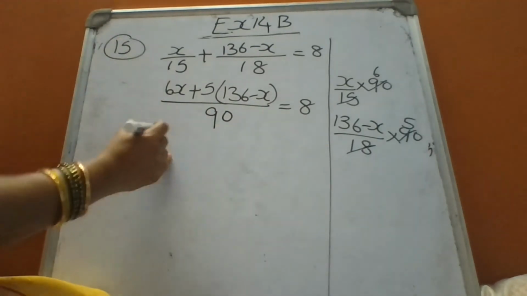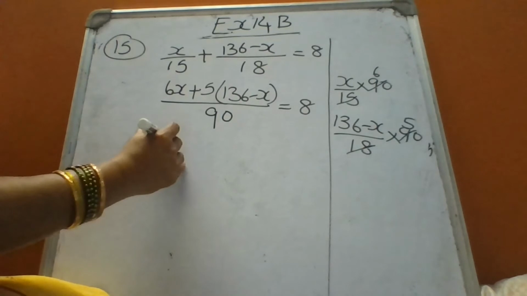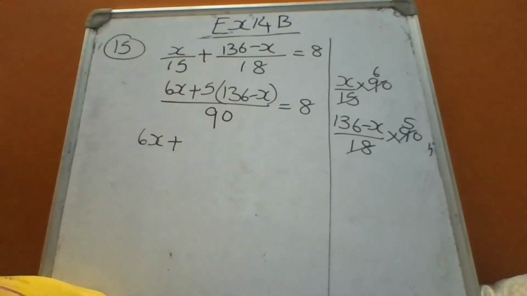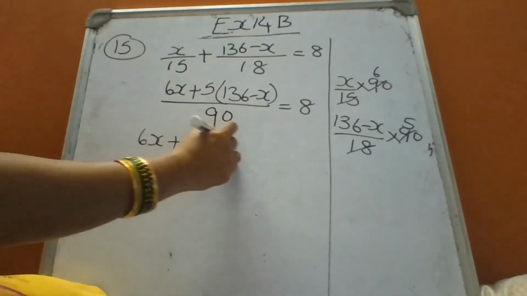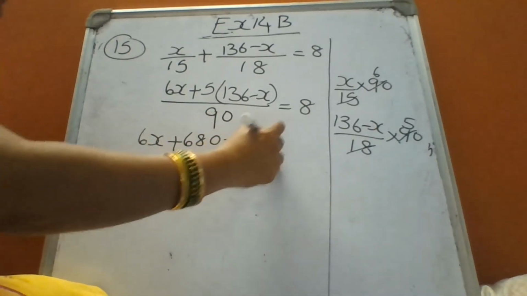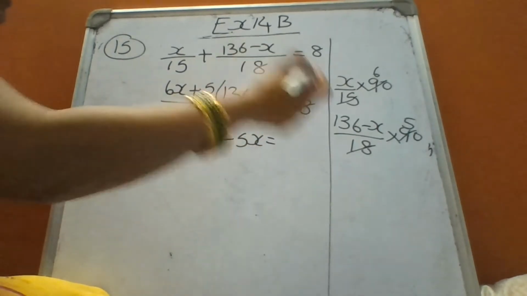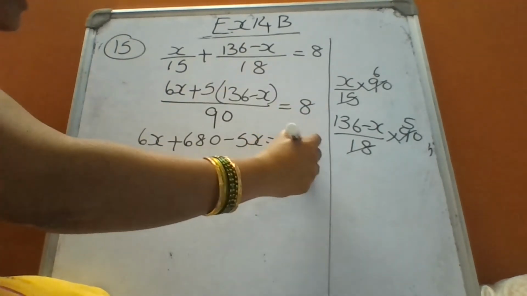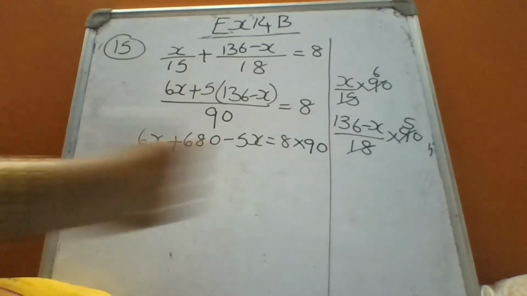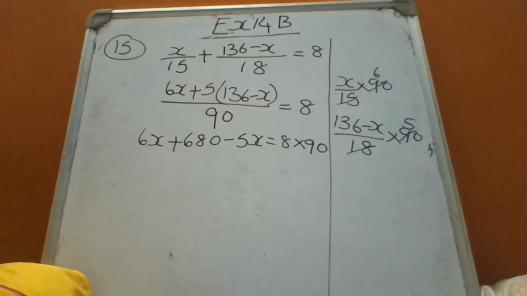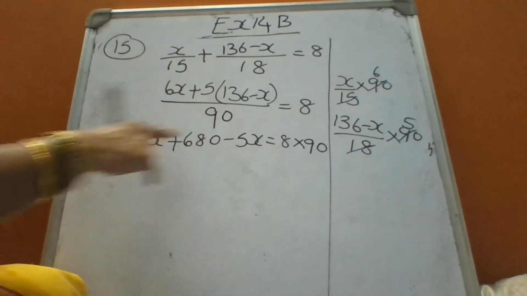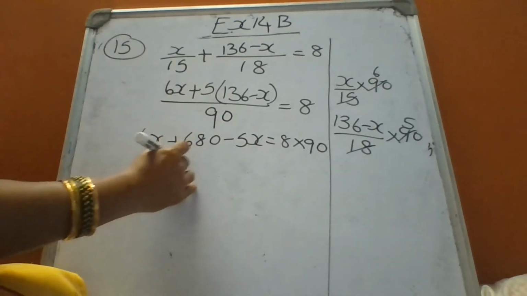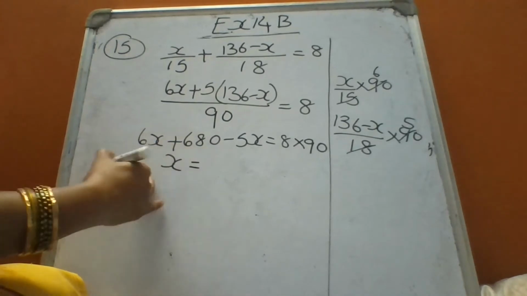So, now by solving this you get 6x plus 136 into 5, you get 680 minus 5x is equal to, by taking 90 to the other side, it will be 8 into 90. So, now this will be 6x minus 5x, x will be left on the left hand side.